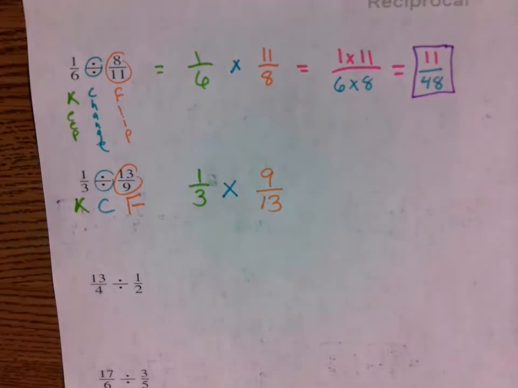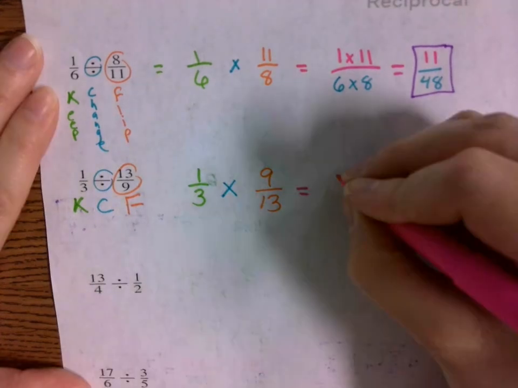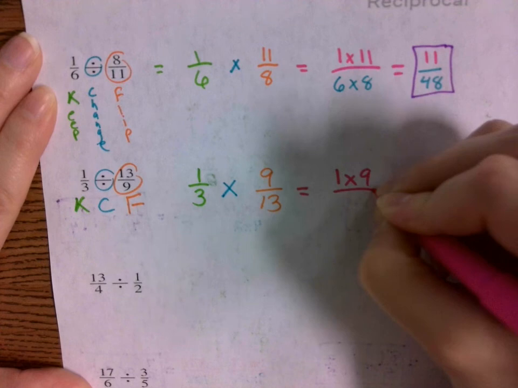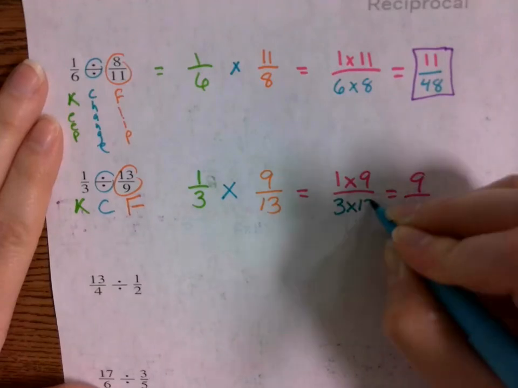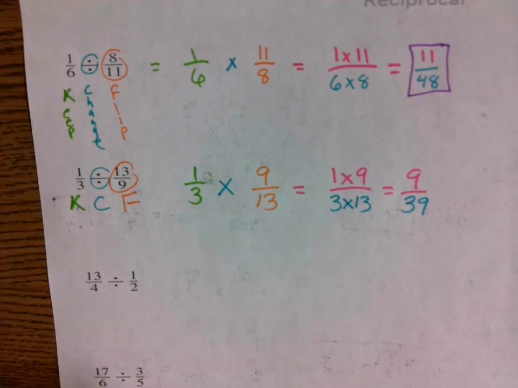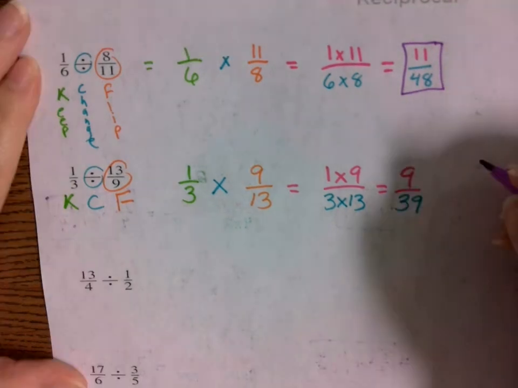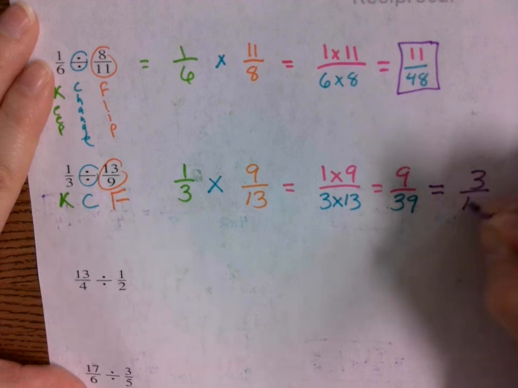You multiply 1 times 9, which gives you 9. You multiply 3 times 13, which gives you 39. Then you simplify, and it simplifies to 3 over 13. Go ahead and do the last 2 problems on your own.